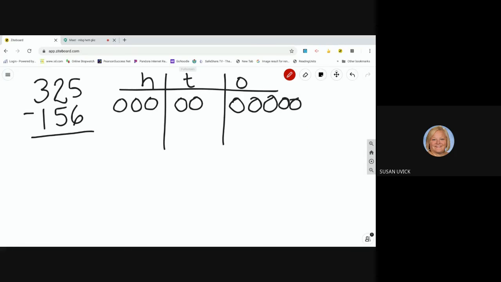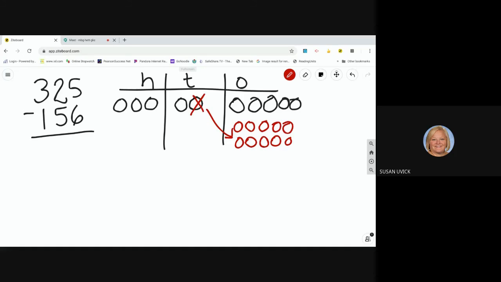Now, I want to take away a number. I want to take away 156. All right, so let's start with the ones. I want to take away 6 ones. Do I have 6 ones in the ones? I have 5. So let's remember how we take a 10 and we move it over as 10 ones, because one group of 10 is the same as 10 ones.